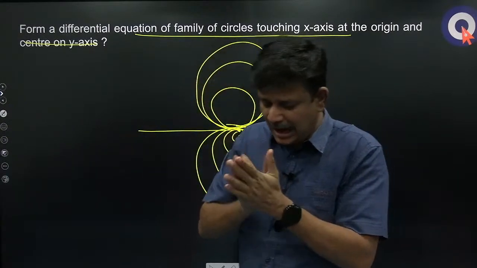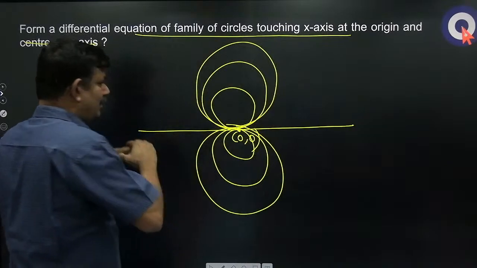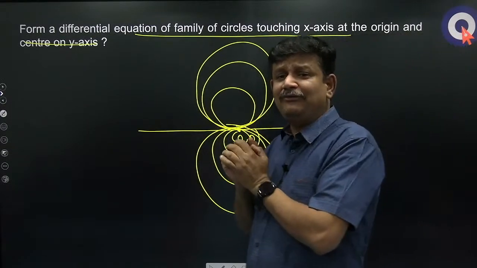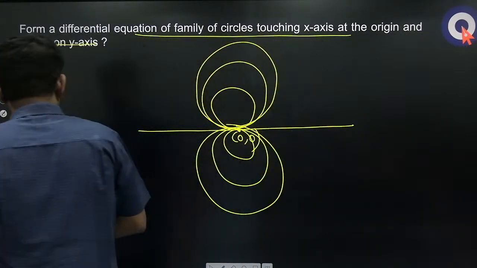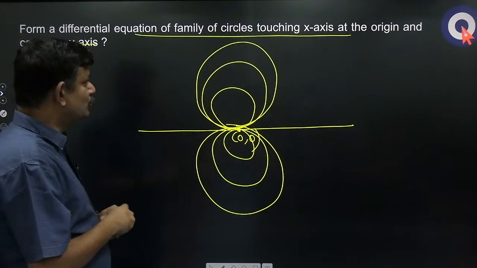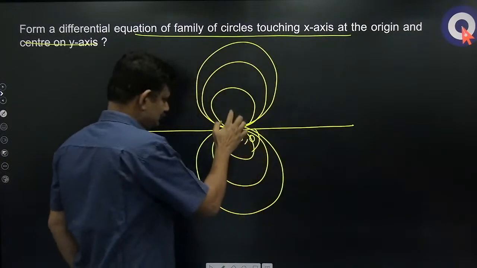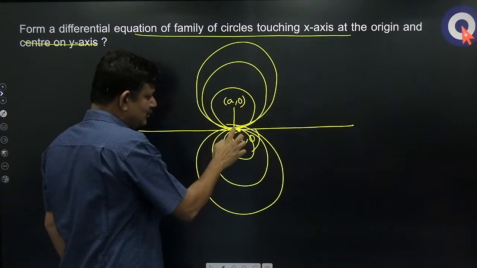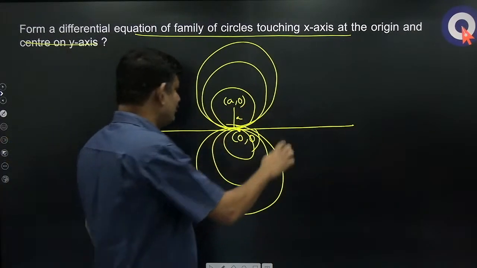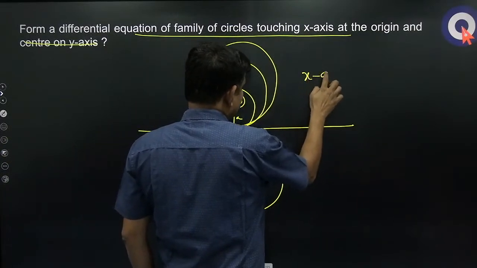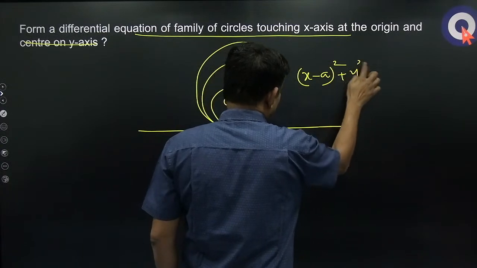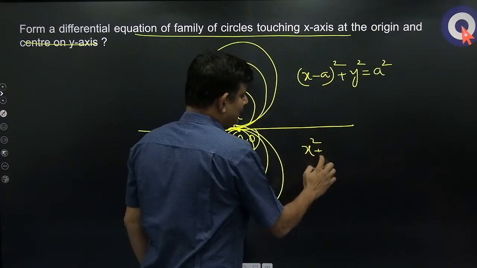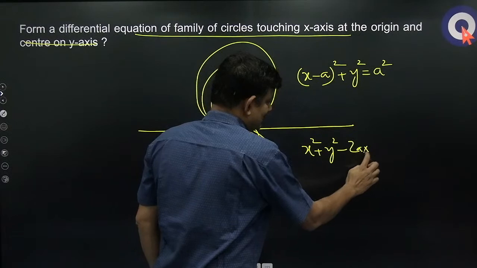So let us do this once properly. After that I will tell you theoretically how to identify order of differential equations in such geometrical cases. So once I do it by the routine method. What will the center be? It will be on the y-axis, at (0, a). If the center is (0, a), what will be the radius? a. So what will be the equation of this circle? x squared plus (y minus a) whole squared is equal to a squared, and simply x squared plus y squared minus 2ay is equal to 0.